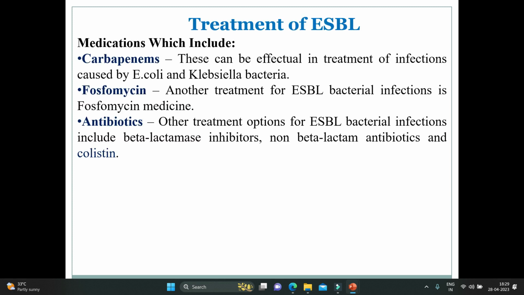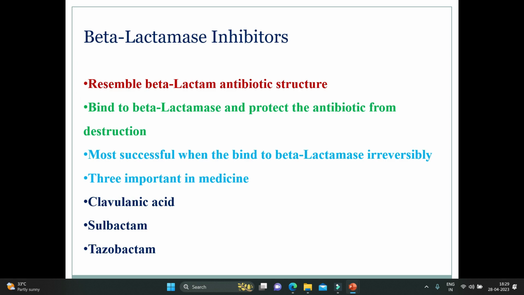What kind of ESBL treatment can we give to a patient? These are certain kinds of medicine that we can give to a patient: carbapenem, fosfomycin. Among antibiotics, colistin or non-beta-lactam antibiotics we can give to the patient. Another form is the beta-lactamase inhibitors.